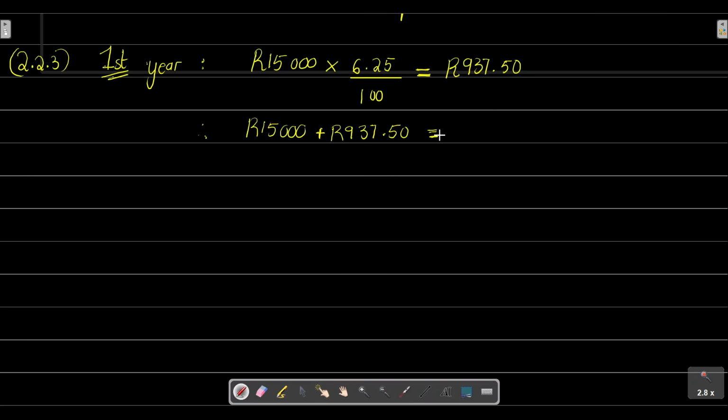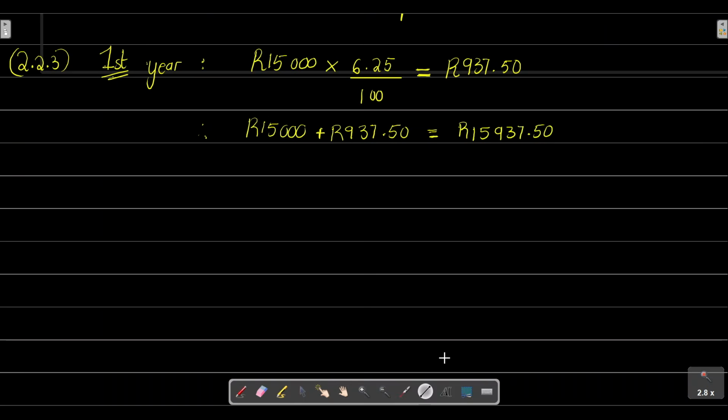So we're going to punch that into your calculator and get how much he will have in his account at the end of this year. If you punch that into your calculator, you'll see that at the end of this year, he'll have 15,937.50.